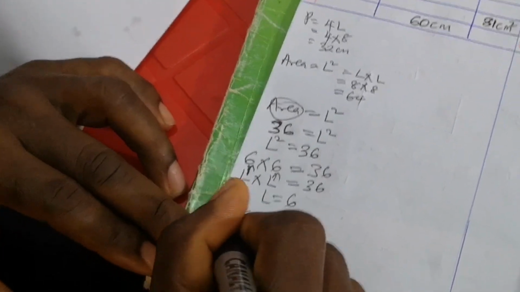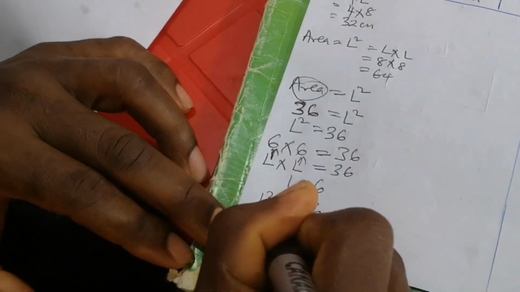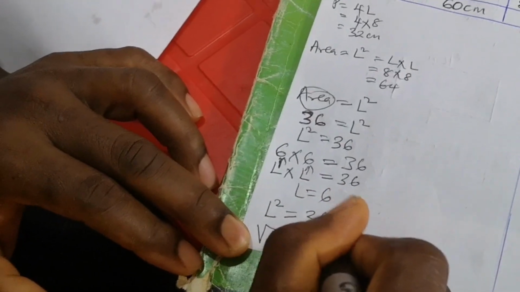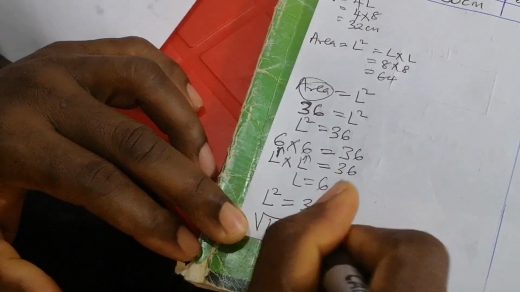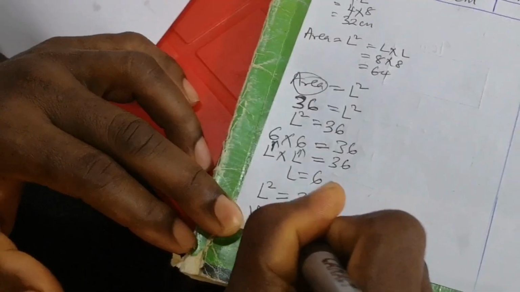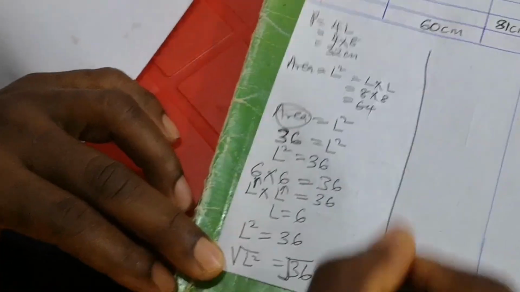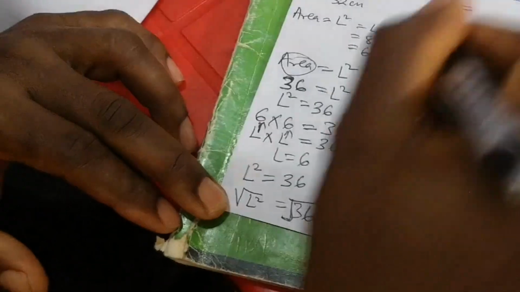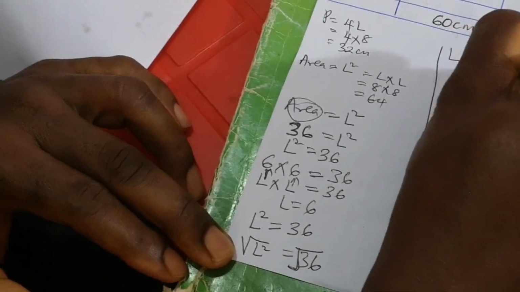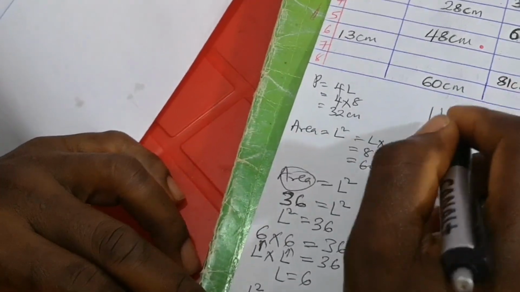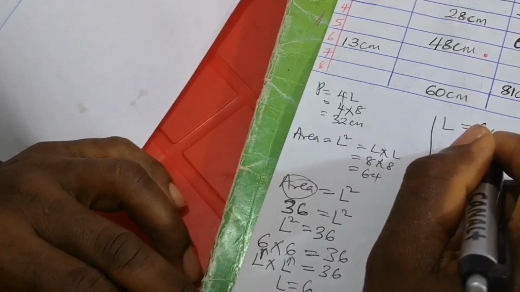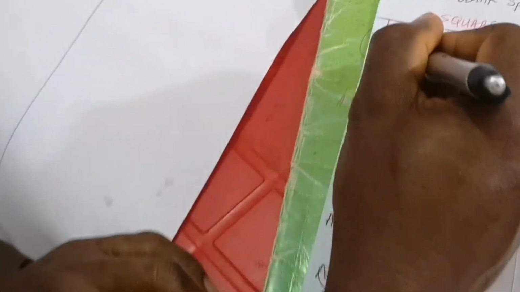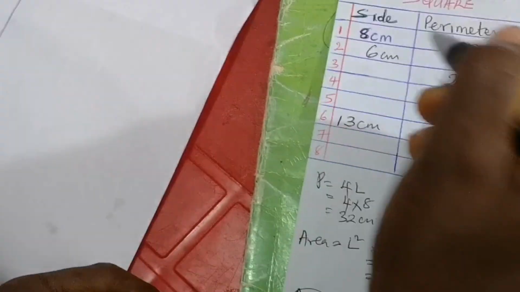The square root of L squared will give me only L, and the square root of 36 will give me 6. So the value of L is 6 cm. So here is 6 cm.